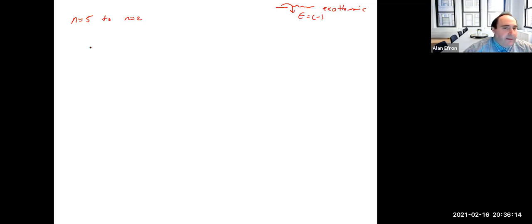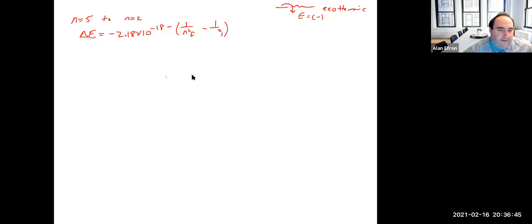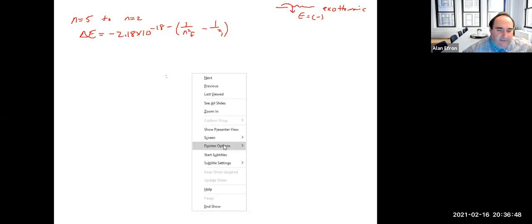All right, so we want to use the equation that we saw, which is the change in energy is equal to minus 2.18 times 10 to the minus 18 joules, times 1 divided by n squared final minus 1 divided by n squared initial. In this case, remember that it's starting on the 5th energy level and ending up on the 2nd energy level, which is our final.